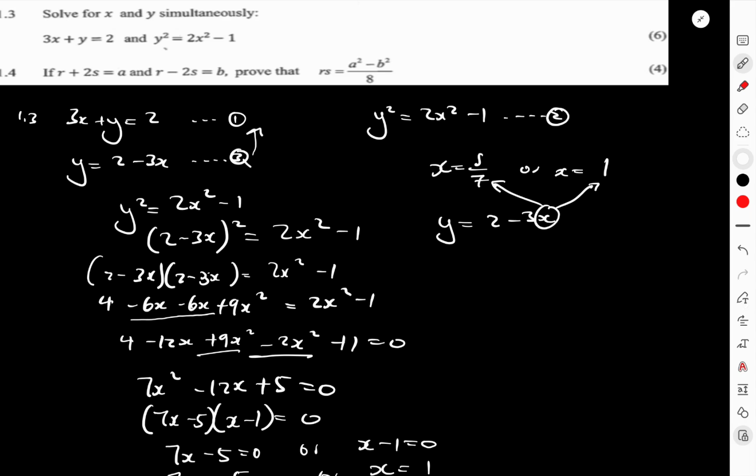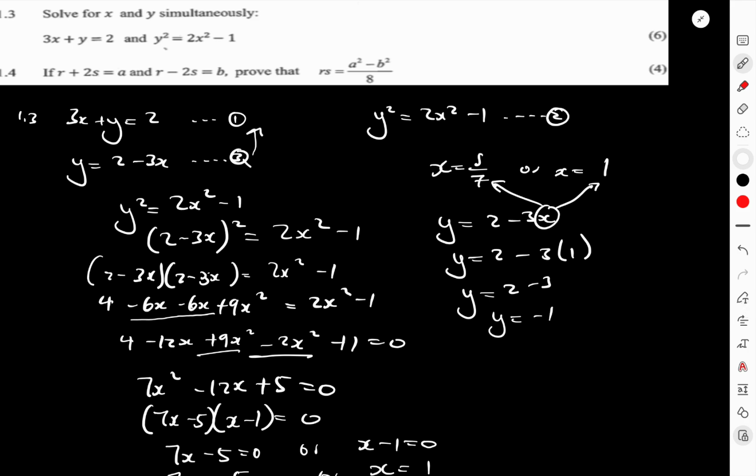So let us start with the easier one. Y equals 2 minus 3, and we substitute 1 here. Therefore, y equals 2 minus 3, so y becomes negative 1, because 2 minus 3 equals negative 1.